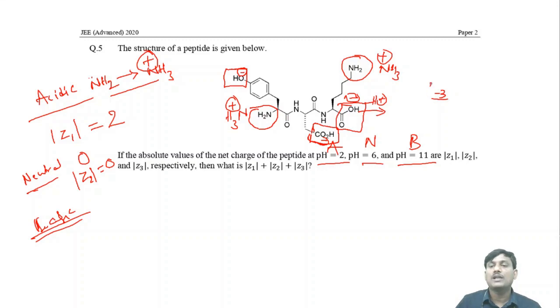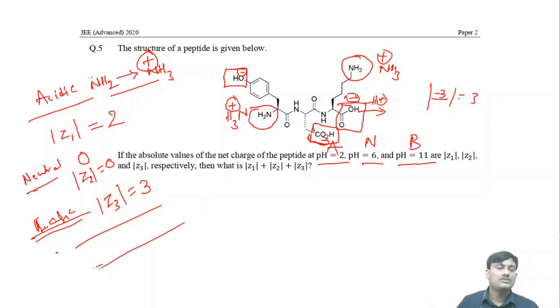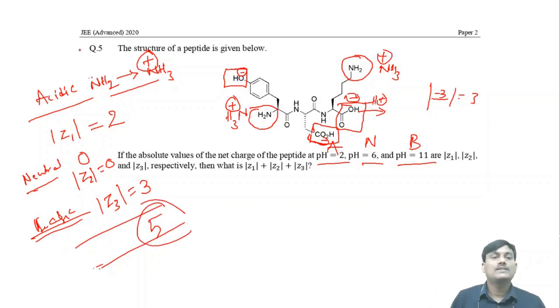If you take the absolute value, G3 is equal to 3. So finally, if you take the sum of G1, G2 and G3, you will get 5. The sum is 5.